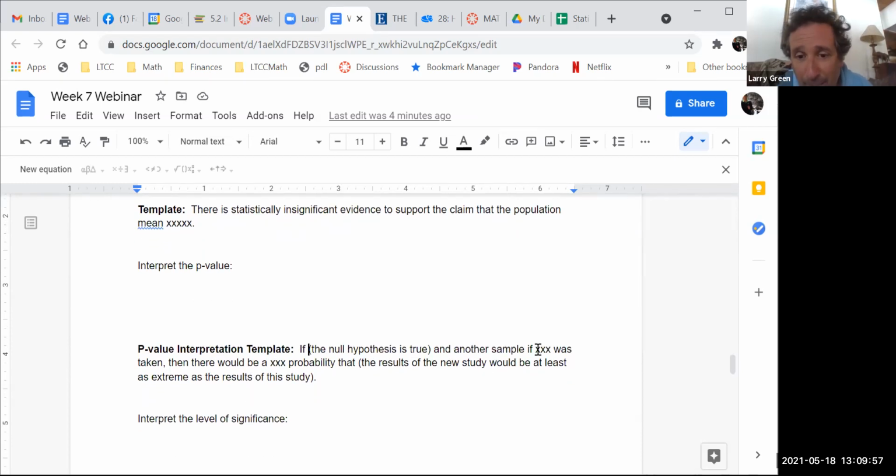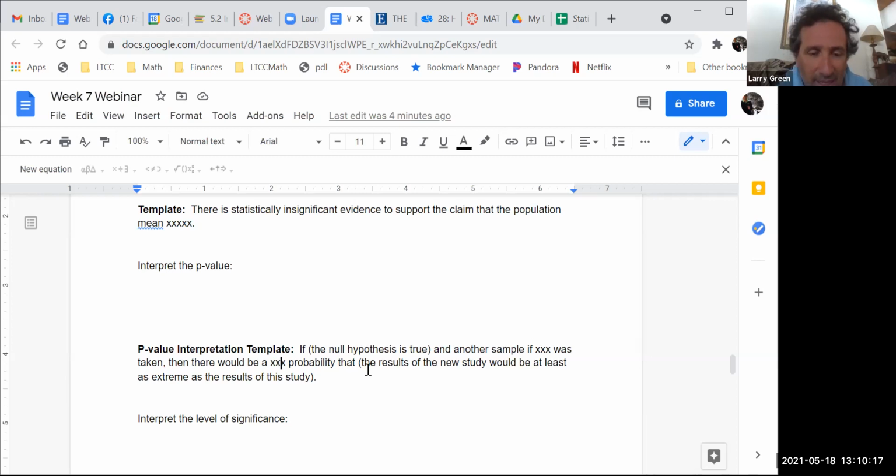And if another sample of XXX, so that might have been 258, it might have been 23, whatever your sample size was, were taken, then there would be XXX probability, that's your p-value. Sometimes you'll say percent chance, which is the same thing.